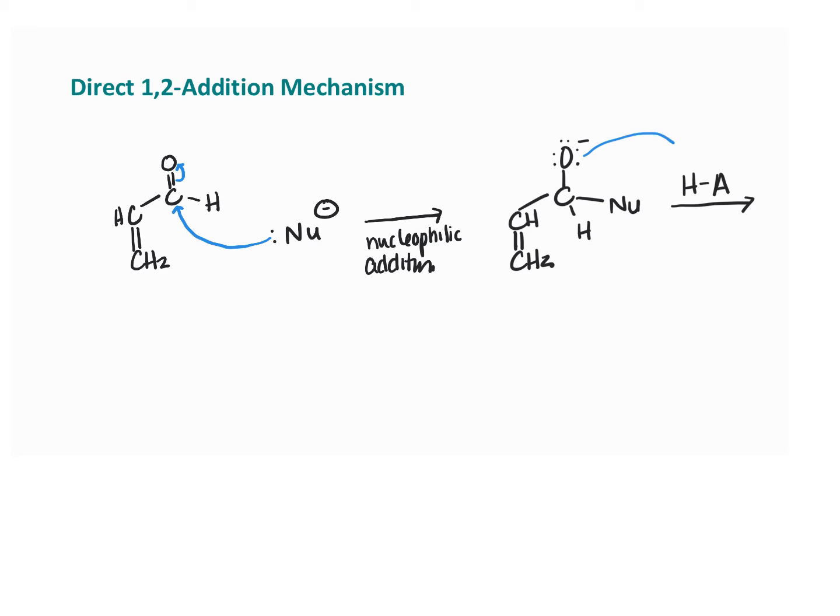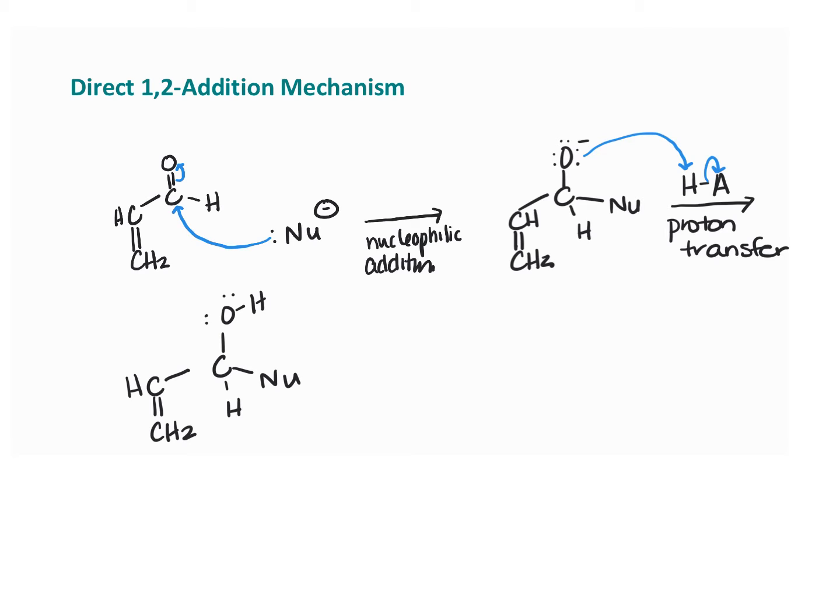And what's going to happen is we're going to get a proton transfer reaction. And then when that occurs, we've attached the nucleophile, and we also end up with an alcohol functional group.